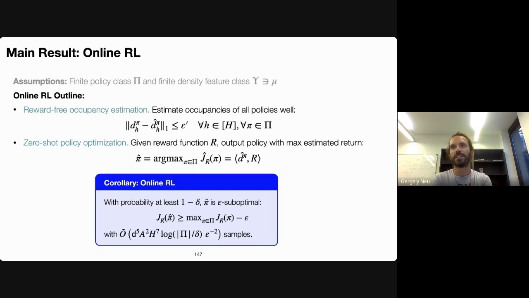And isn't that like an overwhelmingly complex task? I mean, do you really think that you need to solve this in order to deal with this problem? I'm just wondering about the thought process that led to this approach, as opposed to just estimating the rewards or the policies.